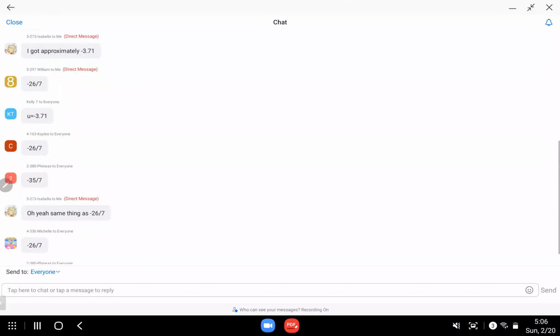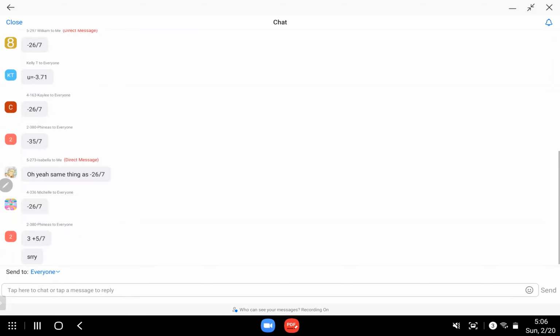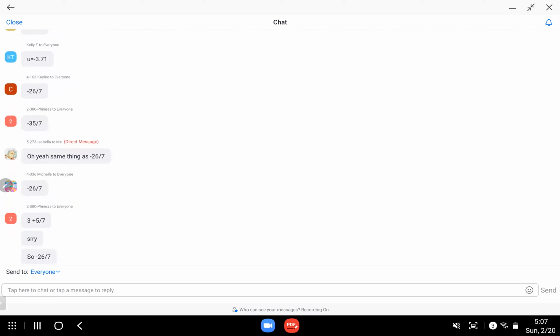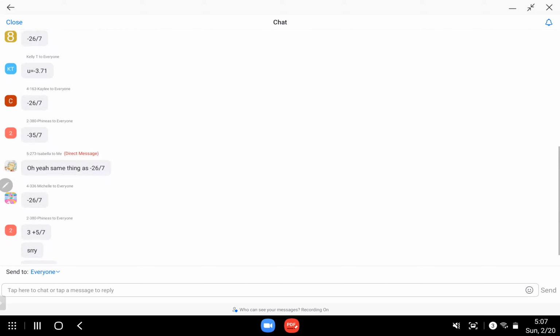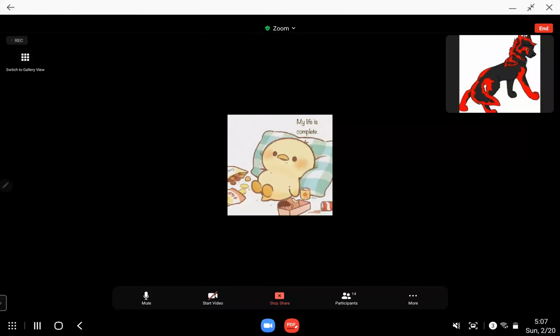But we also have negative 35 over 7, which would be equal to negative 5, though. As a mixed number, it'd be negative 3 plus 5/7, so negative 26/7. I think everybody got about the same answer, which is very good.